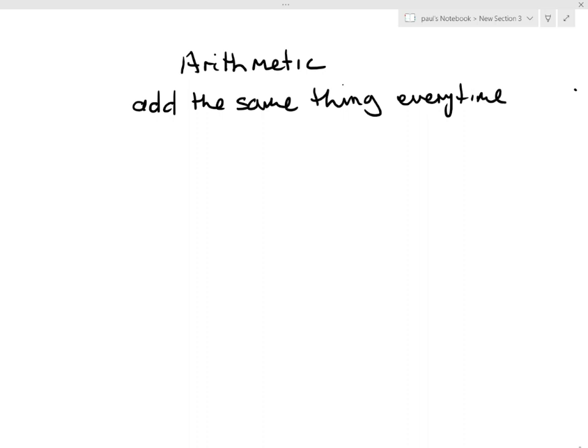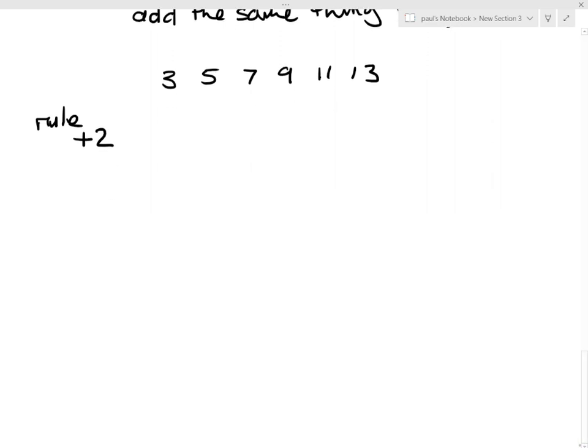For example, 3, 5, 7, 9, 11, 13. And the rule here is add 2. Alright. Now, all these arithmetic ones that I'm going to present to you today are all linear. Means there's no squares involved. There's no squares, no crazy squares.